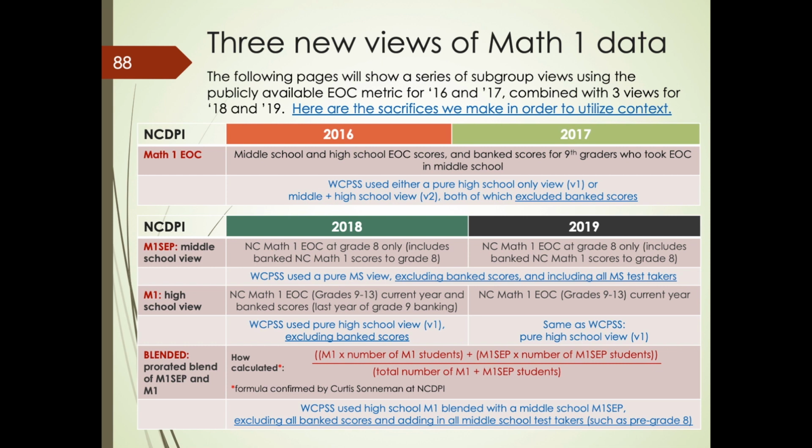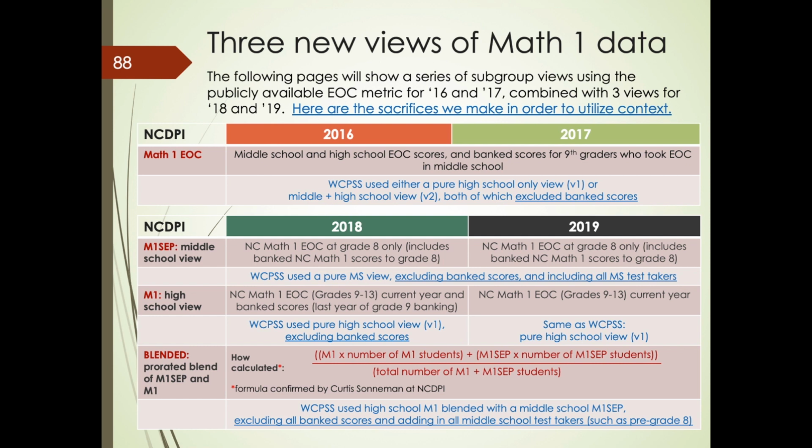So if anybody takes it in 5th or 6th or 7th grade, that would get banked. And then once that student gets to 8th grade, that's when that would show up in their M1 SEP score. Same thing for 2019. And what Wake County uses for their middle school view is just a pure view, which excludes bank scores and includes all the middle school test takers. Again, that's a great metric, but we have no context. We can't compare it to anything.